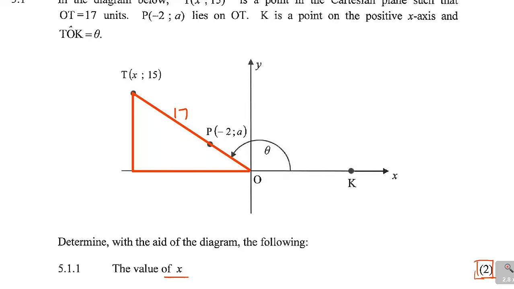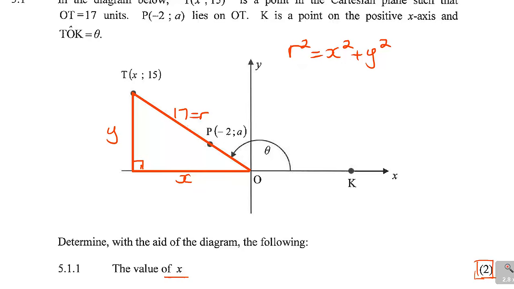So in this particular scenario, this is my 90 degrees, and remember this represents my x and this represents my y, and this 17 represents my r. So now I need to use the theorem of Pythagoras. Remember, this is a right angled triangle, and with the theorem of Pythagoras, r squared is equal to x squared plus y squared. It will help me to find my x and y.